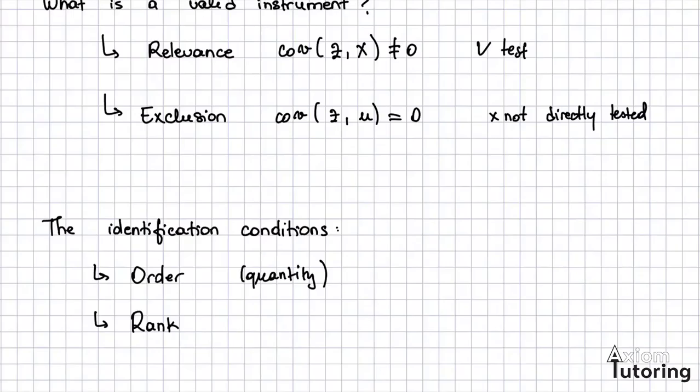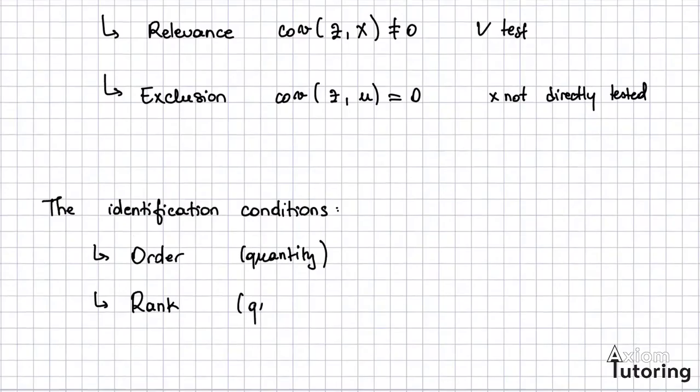And the rank condition, which was what we called the quality condition, because this was the condition that tells us that instruments must provide sufficiently independent variation. These can be checked through first stage F statistics. Formally, the first stage coefficient matrix must have full rank.